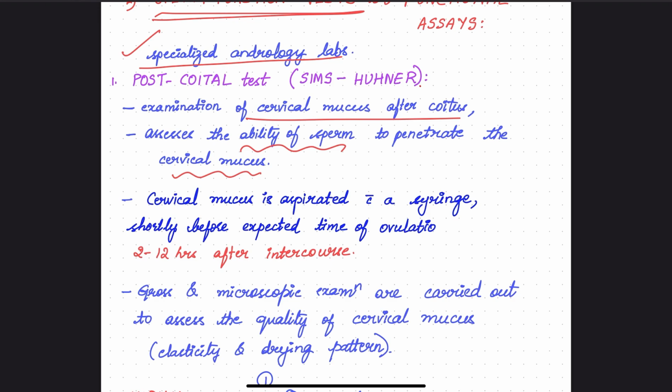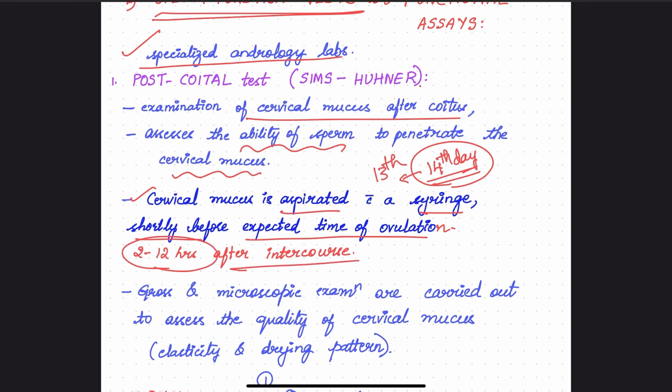For example, if the time of ovulation is the 14th day of the cycle, on the 13th night you ask the couple to have intercourse and come to the lab as soon as possible, within 2 to 12 hours. Cervical mucus is aspirated with a syringe before the expected time of ovulation, 2 to 12 hours after intercourse.